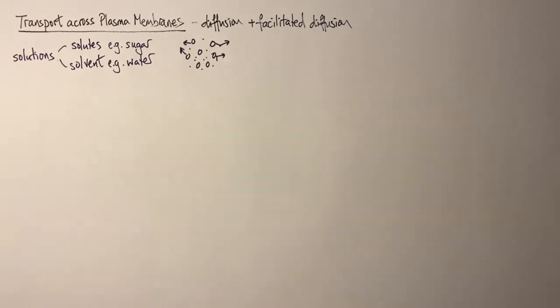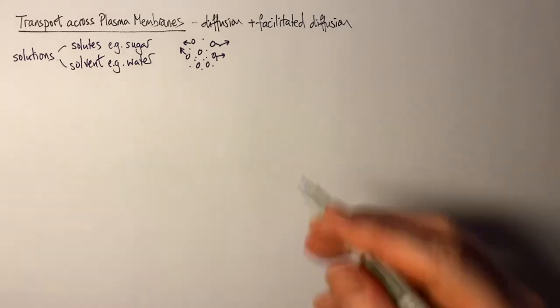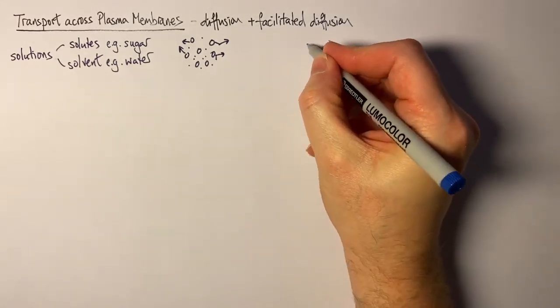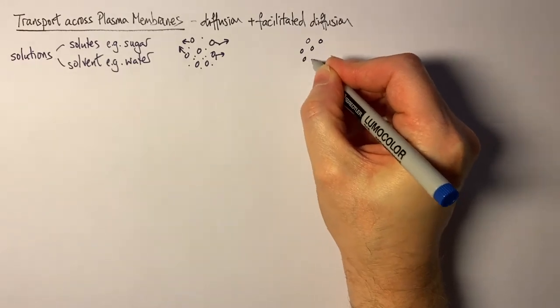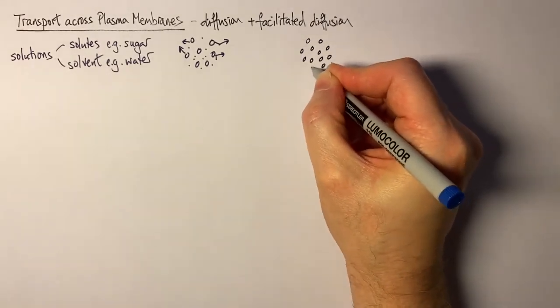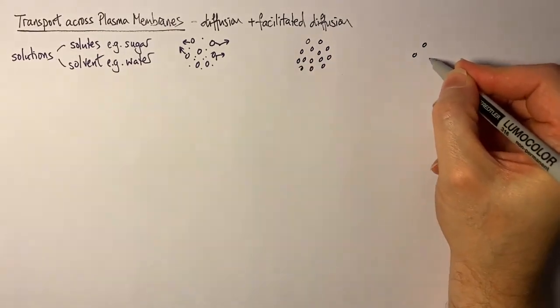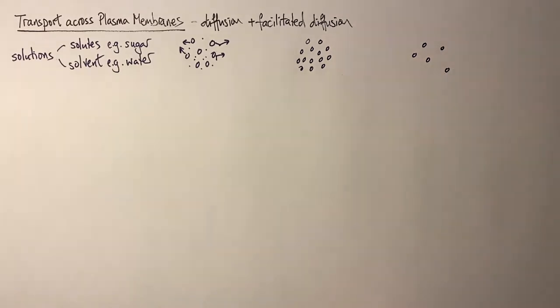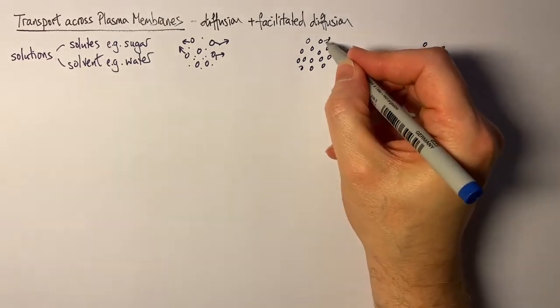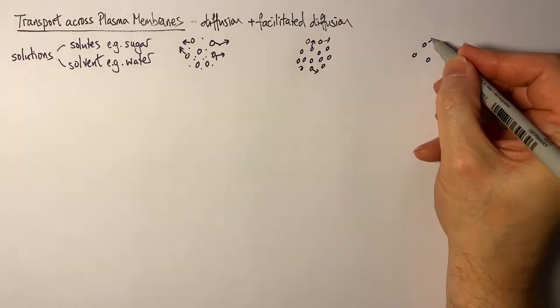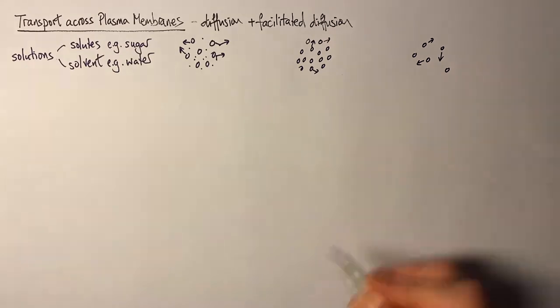As the solute molecules move in a solution, they bump into each other and the solvent molecules. Over time, they will get further apart. They will spread out. So if we have one molecule here in a high concentration, and over here that molecule is in a lower concentration, all these molecules are moving around, as are all these molecules, randomly.